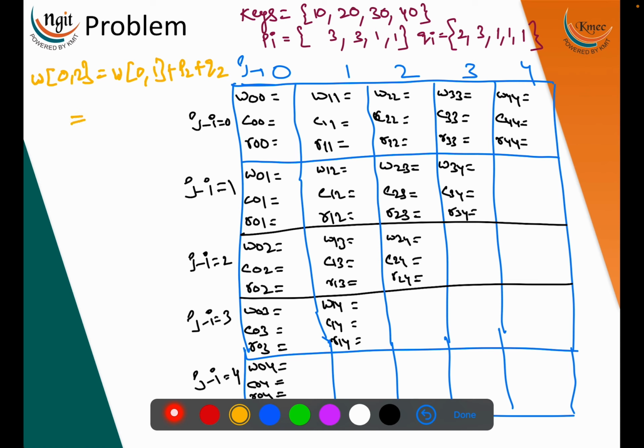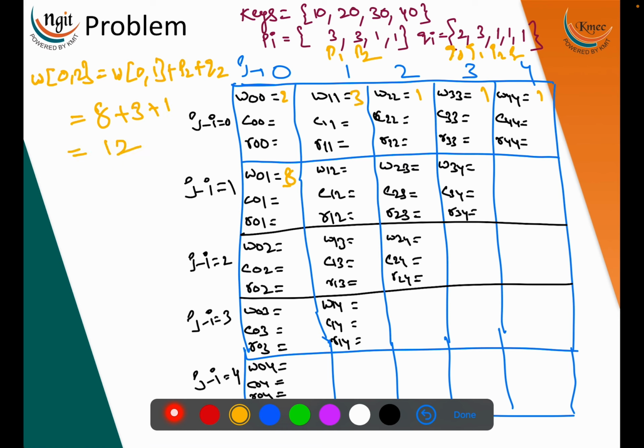The W01 value is 8. What is P2? It is P1, P2, so P2 is 3. What is Q2? It is Q0, Q1, Q2, Q3. Q2 is 1. So that value is 12.